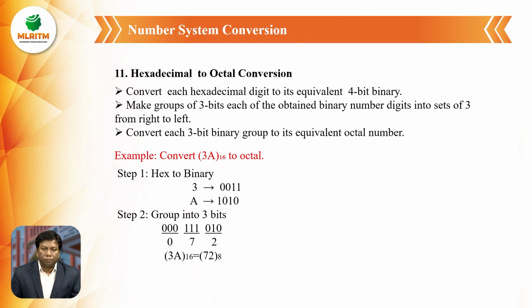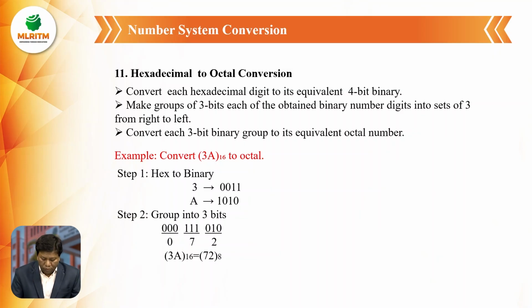Next conversion is hexadecimal to octal conversion. Convert each hexadecimal digit to its equivalent 4-bit binary. Make groups of 3 bits each, dividing the binary number digits into sets of 3 from right to left. Convert each 3-bit binary group to its equivalent octal number.